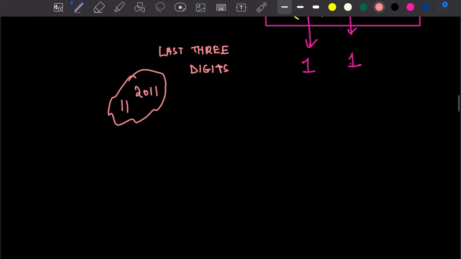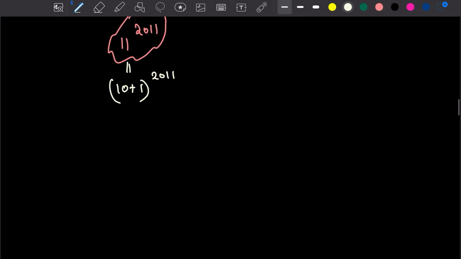So how can we find this? Well, we can again apply binomial expansion. This is 10 plus 1 raised to the power 2011. So if I expand it binomially, again 2011 choose 0, 10 to the power 2011, 1 to the power 0. I'll just not write the ones because that's always there.